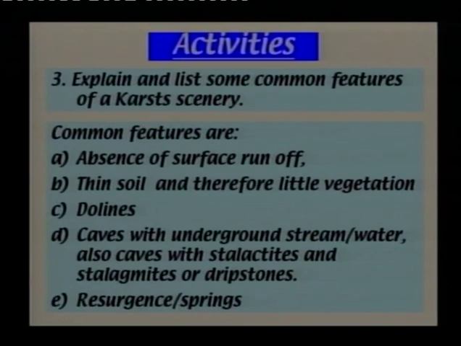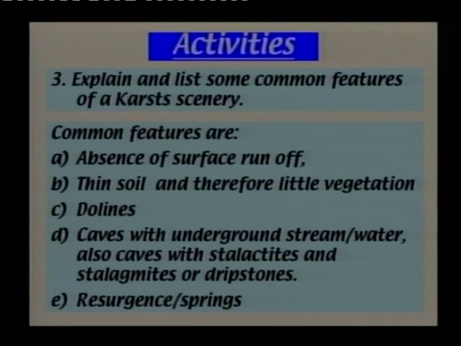Okay, Shelley, can you explain, let's look at those features now. Can you explain why there is absence of surface runoff in such an area or in the karst scenery? We say that in a karst scenery, one of the common features is the absence of surface runoff.